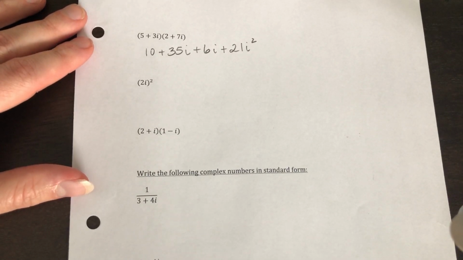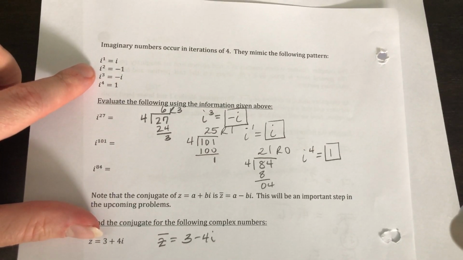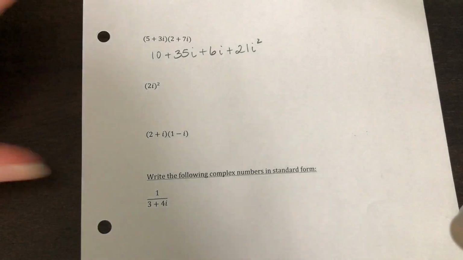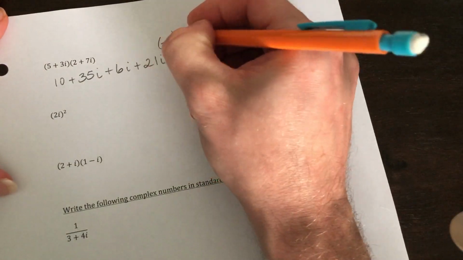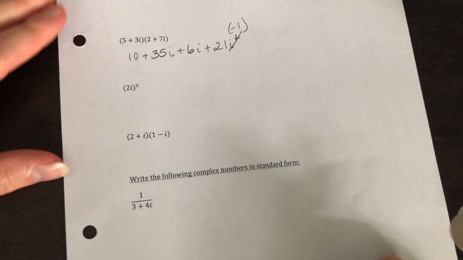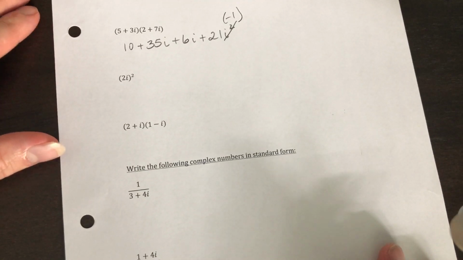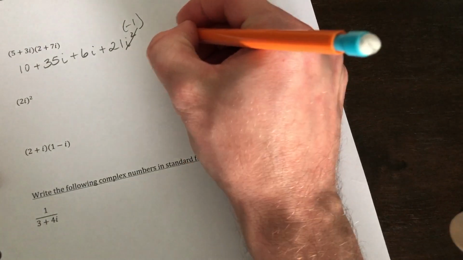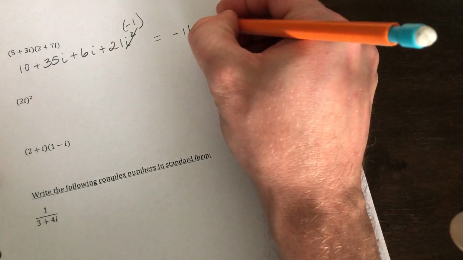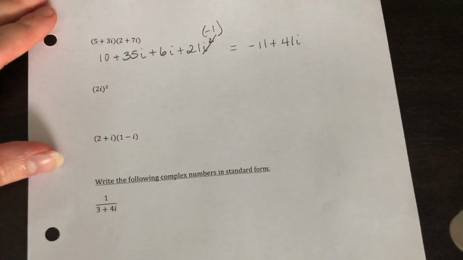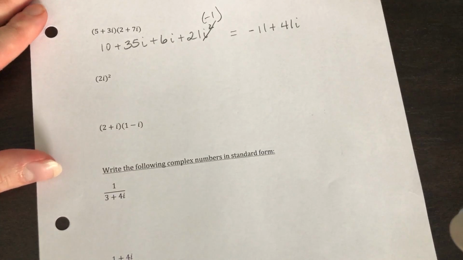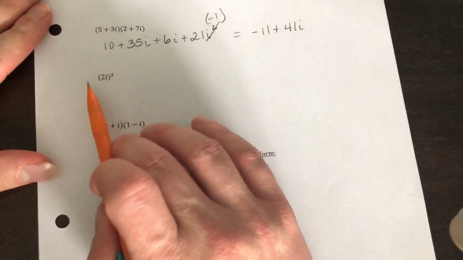Remember, if we go back to our notes, i squared is equal to a negative 1. That's something important to remember. So 10 minus 21 is a negative 11, plus 41i. That's our answer.